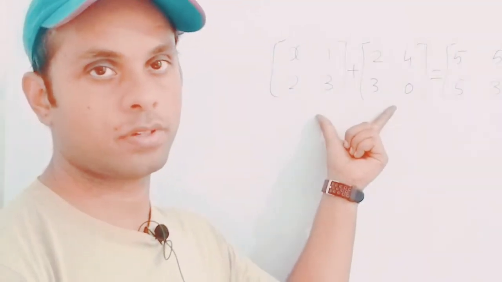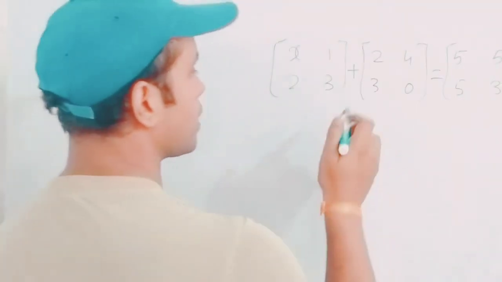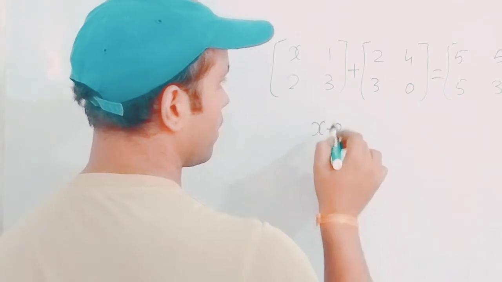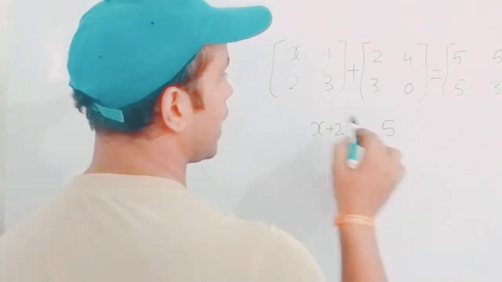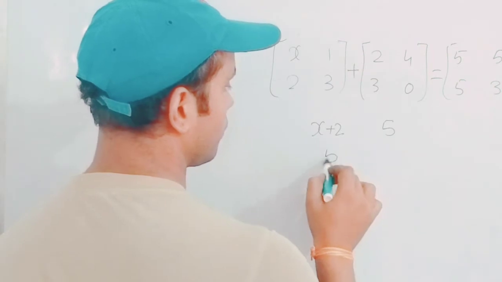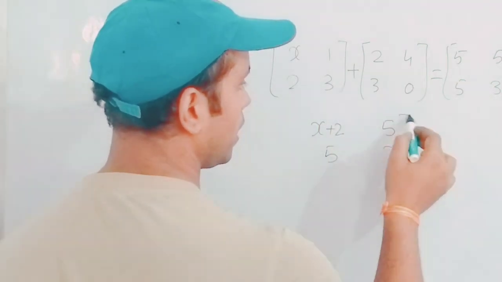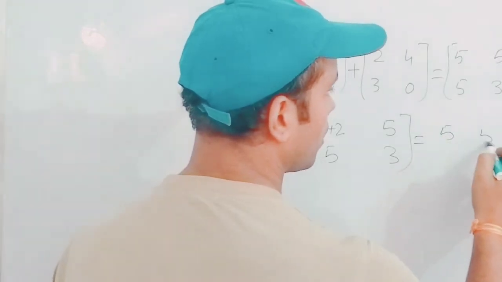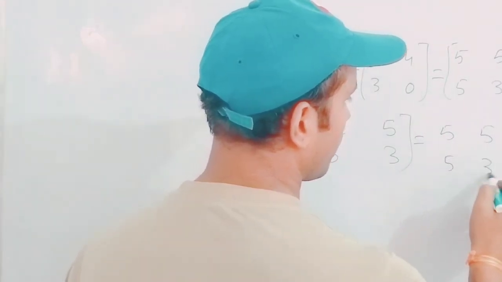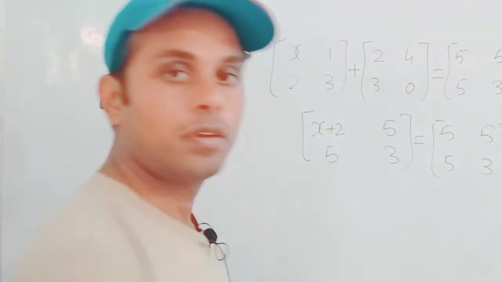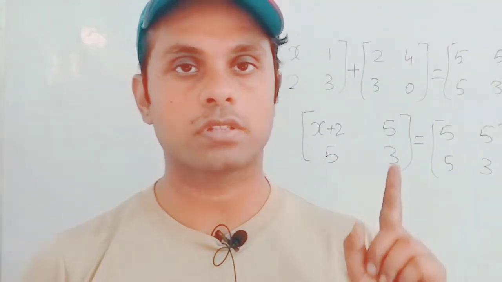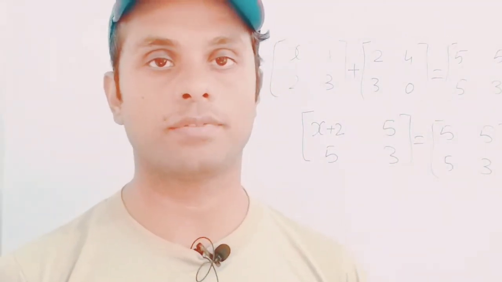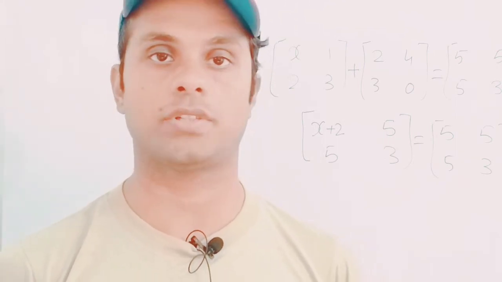Then how to do it? So first you add these two matrices, like x plus 2, 1 plus 4 is 5, 2 plus 3 is 5 and 3 plus 0 is 3. And if you remember, we did a topic in the very first lecture, that was equality of matrices, equal matrices.